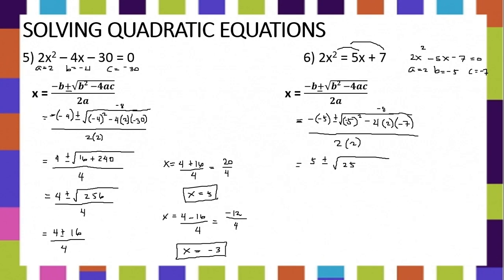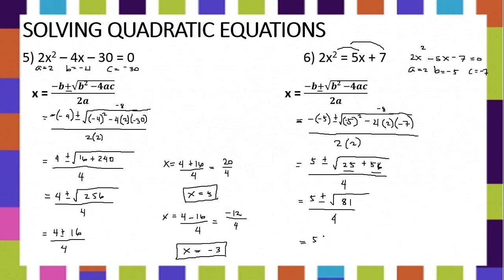Negative 8 times negative 7, positive 56, over 2 times 2 is 4. Okay, simplify pa rin natin. 5, positive, negative, 25 plus 56 is equal to 81 over 4. Ayan.